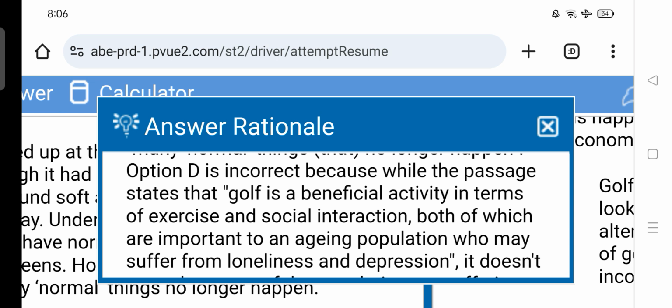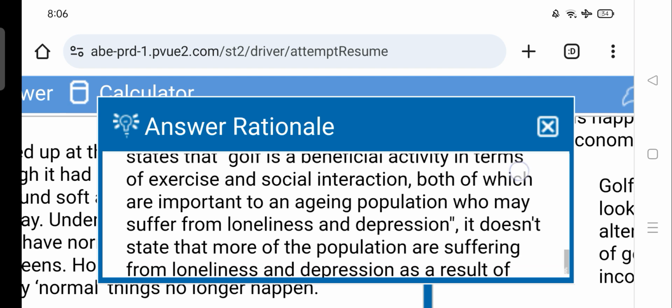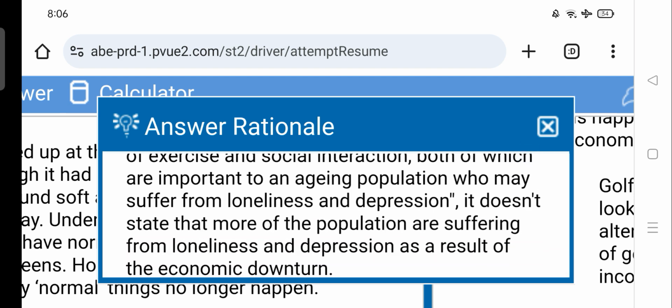Option D is incorrect because while the passage states that golf is a beneficial activity in terms of exercise and social interaction, both of which are important to an aging population who may suffer from loneliness and depression, it doesn't state that more of the population are suffering from loneliness and depression as a result of the economic downturn.